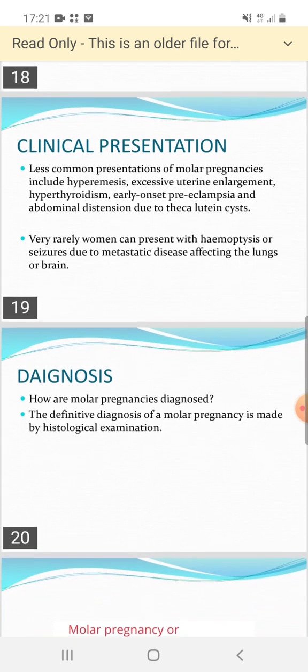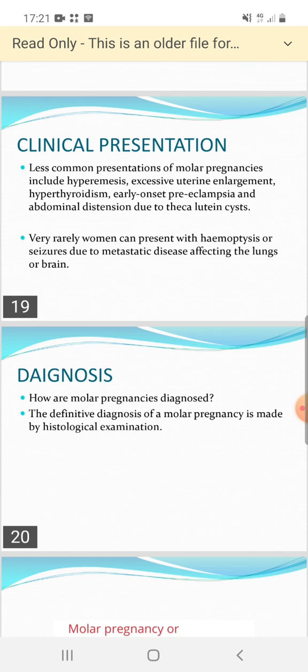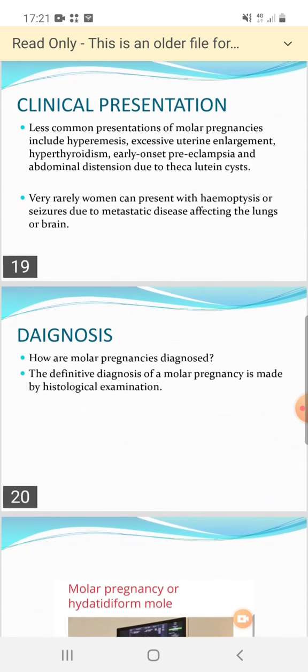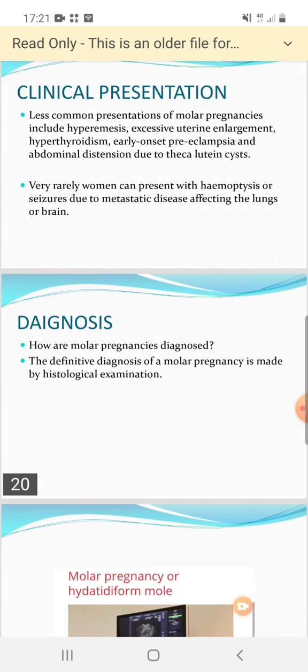Early onset preeclampsia, because there is poor trophoblastic invasion, the placenta is deficient, and it starts the cascade for early onset preeclampsia. Abdominal distension due to theca lutein cysts, or cyst accident. Very rarely it can present with hemoptysis and seizures due to metastasis, because the choriocarcinoma went to the lung and there is tumor and seizures.